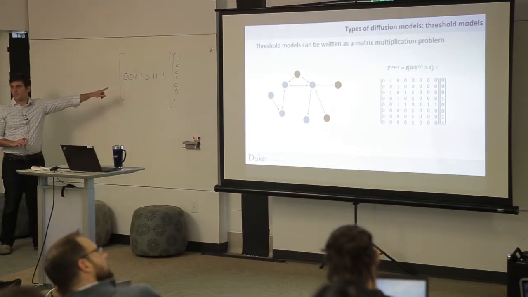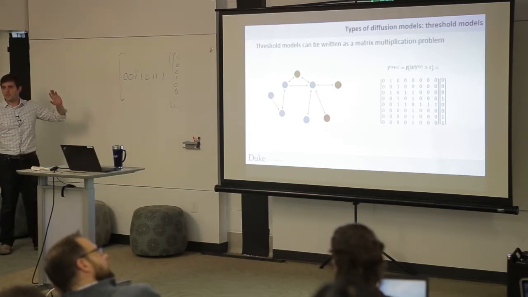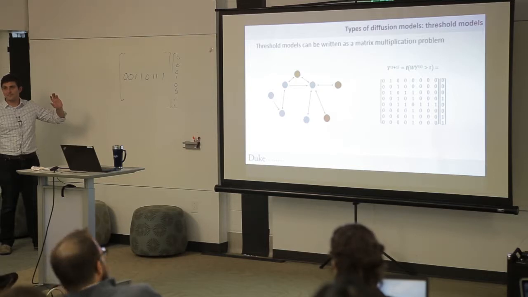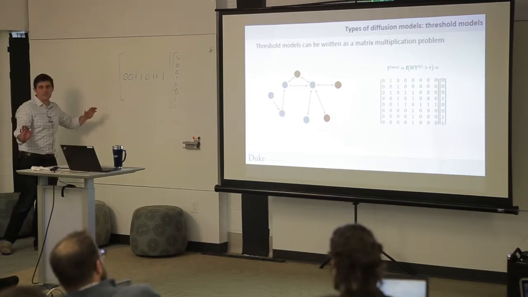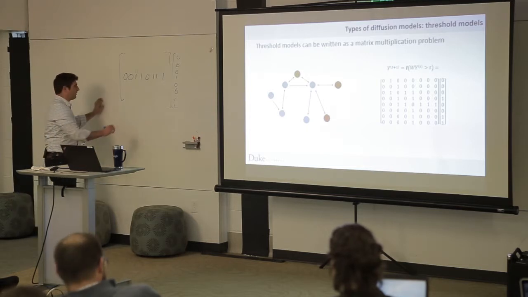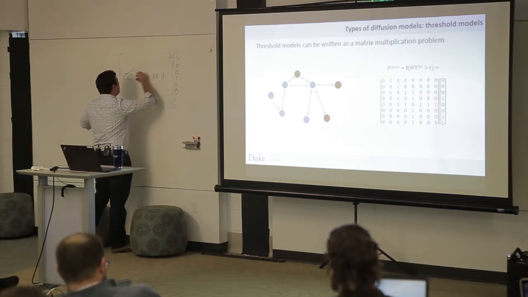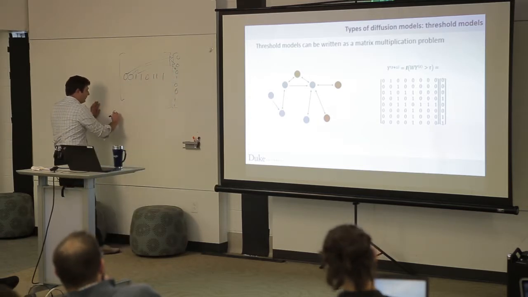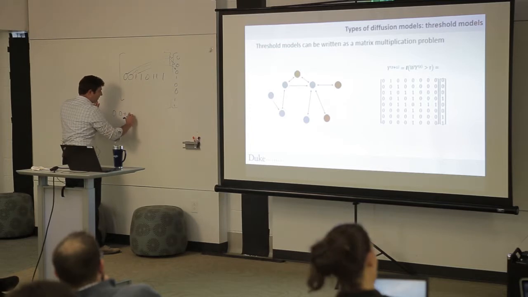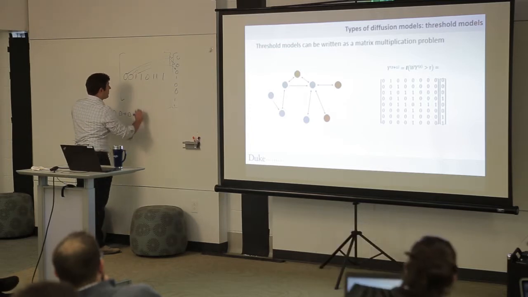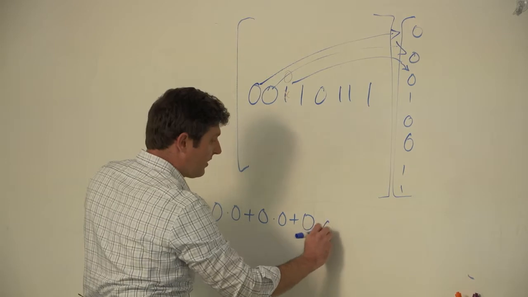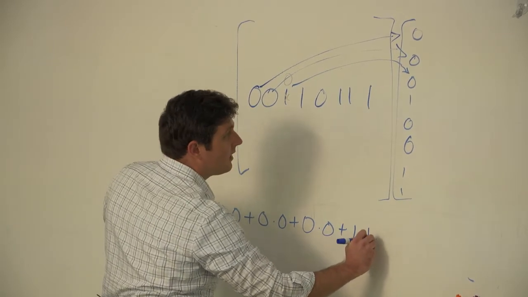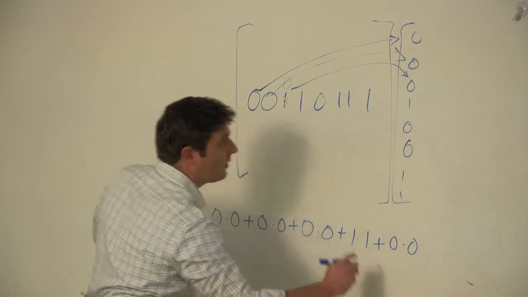OK. Anyone remember? Anyone want to try this out? OK. This is probably going to be pretty hard to get someone to raise their hands and do it. So we'll just draw out what this is essentially. So it'll be 0 times 0 plus 0 times 0 plus, this was supposed to be a 0, so 0 times 0 plus 1 times 1 plus 0 times 0.